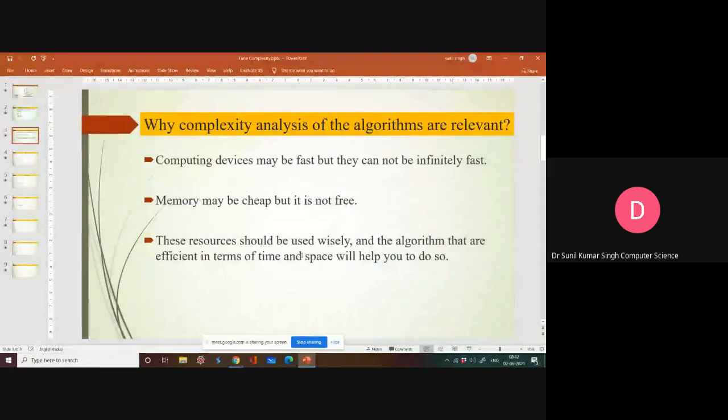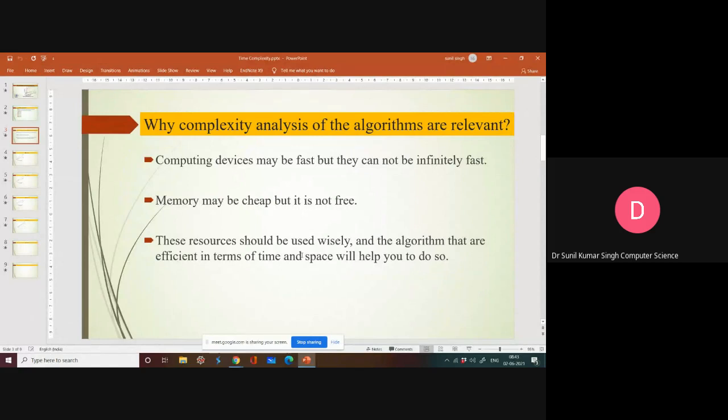Are you getting the point? So reducing the processing time, I mean computation time, of the task is still relevant. Although we have very high computing power devices, dealing with the time complexity of the algorithm is still relevant.